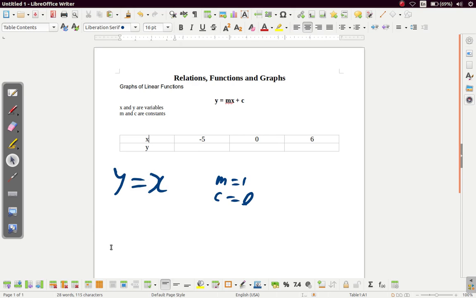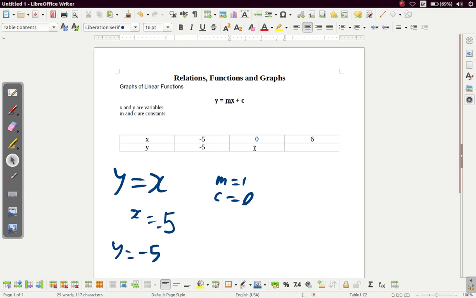When y is equal to x and x is -5, what is y? Y equals -5. You can see that because y is x, so whatever value x takes, y takes the same value. So we have -5 here.